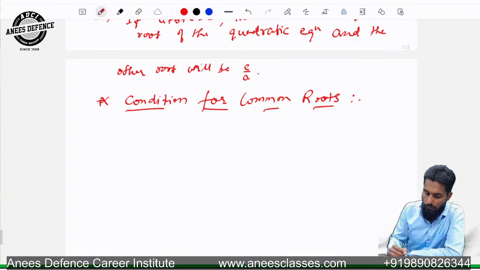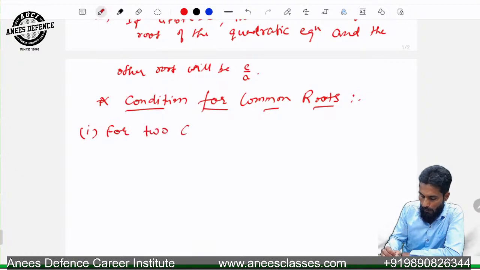First condition is when both the roots of any two quadratic equations are common to each other, then what condition do we derive? So write down the first part for two common roots.